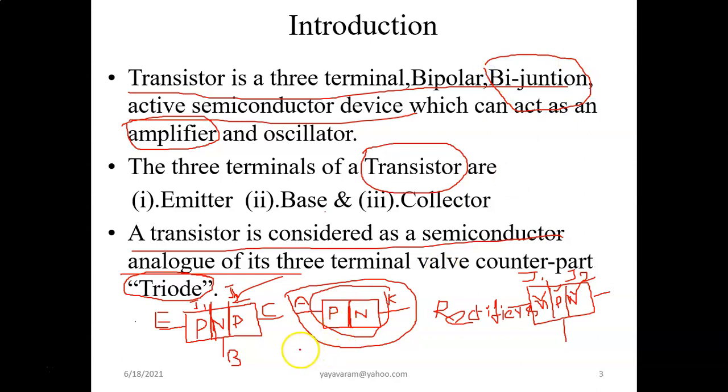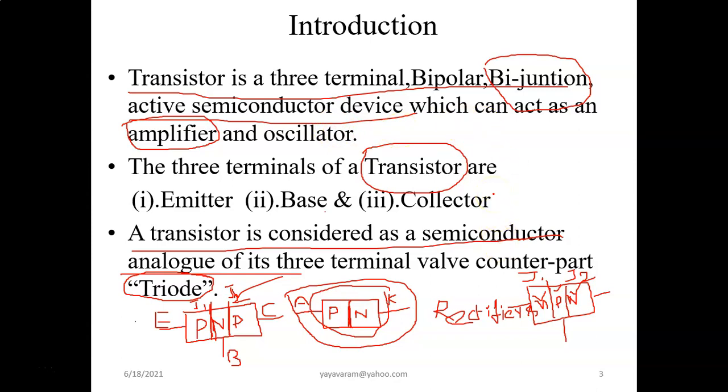In terms of names, it is the emitter base junction and the base collector junction. Therefore, when you consider the schematic of your transistor or BJT, you can clearly understand that there are two junctions and two types of polarity carriers, both holes and electrons. Hence, it is called a bipolar bijunction semiconductor device or simply transistor.